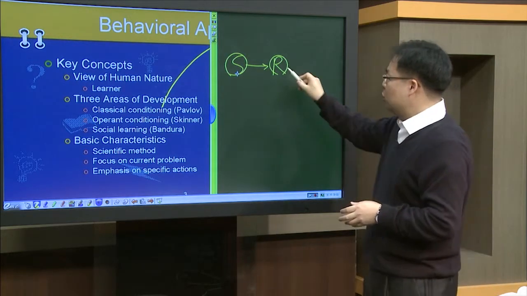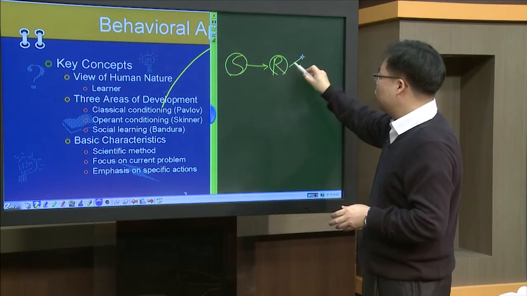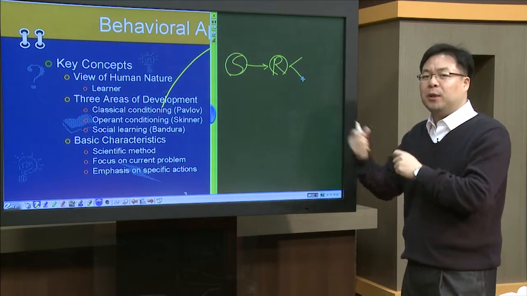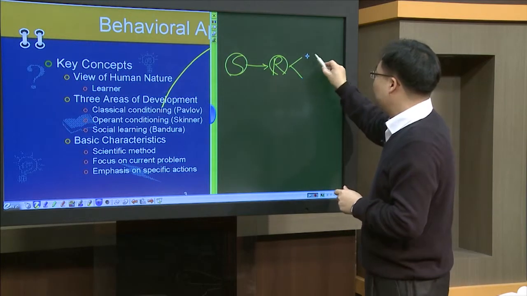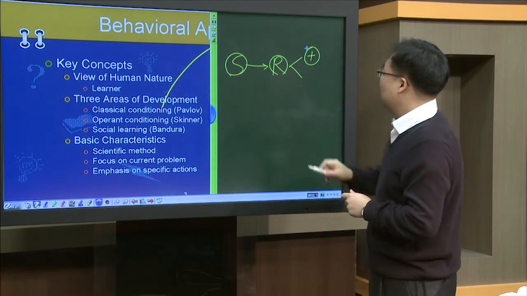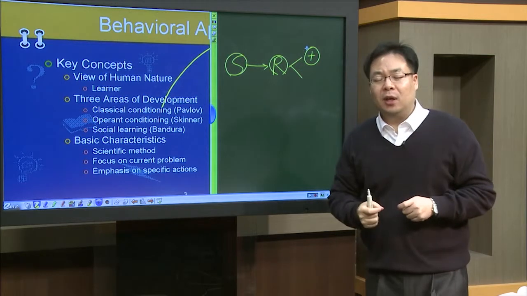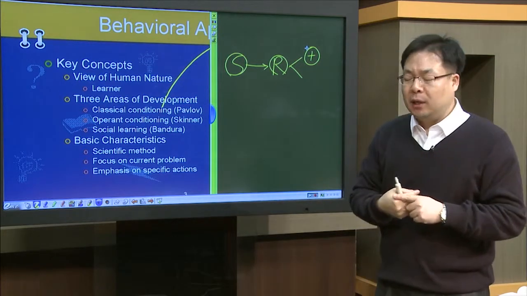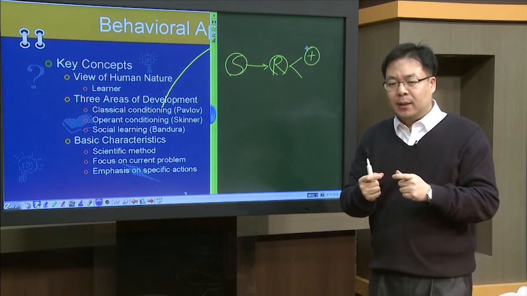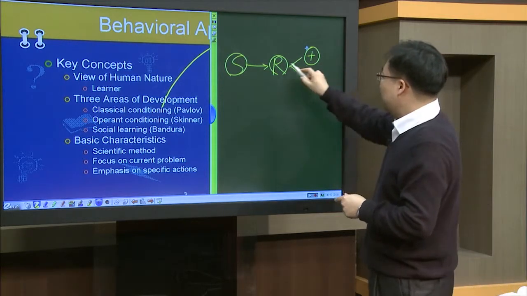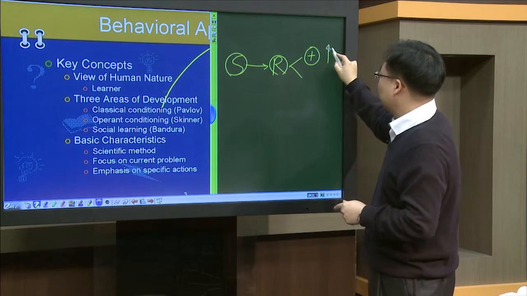We can change the response by changing the consequences of their behavior. We can provide a positive consequence after a certain behavior. For example, if we praise a certain behavior, if we provide positive consequences, then this behavior will increase.